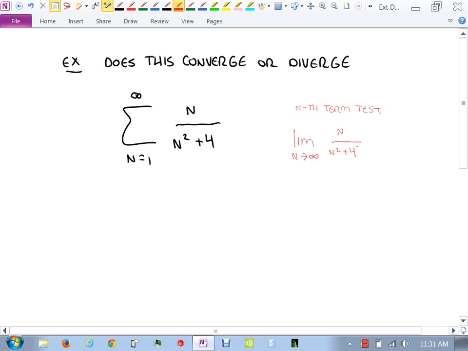If I take that limit, what do I get? Infinity over infinity, right? So apply L'Hopital's rule one time. One over 2n. Now let n go to infinity and you get what? 0.